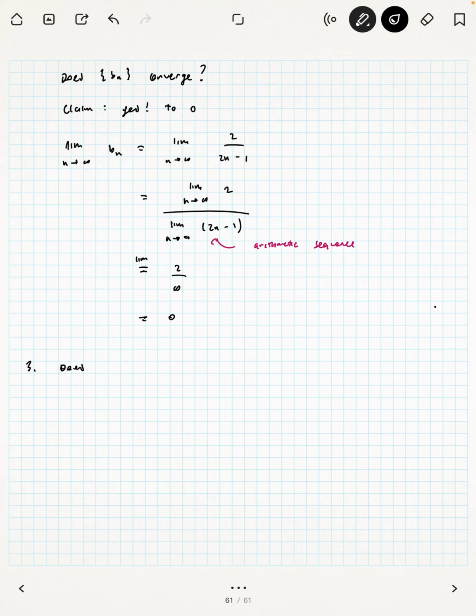Example 3. Does a sub n, with a sub n equal to 3 plus 5n squared over 1 plus n, converge?